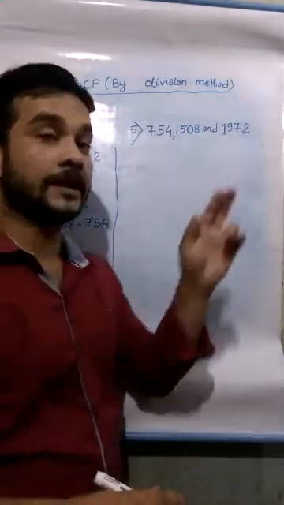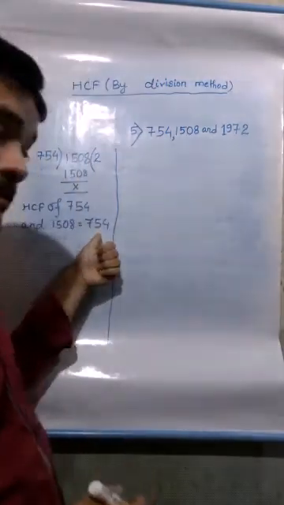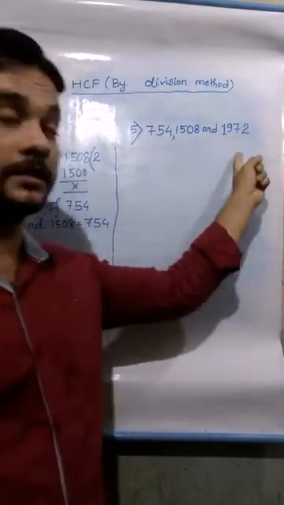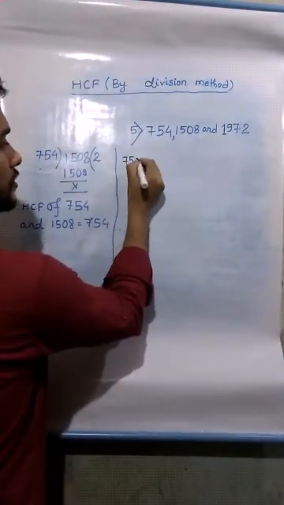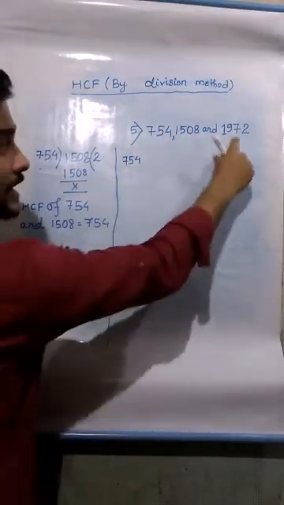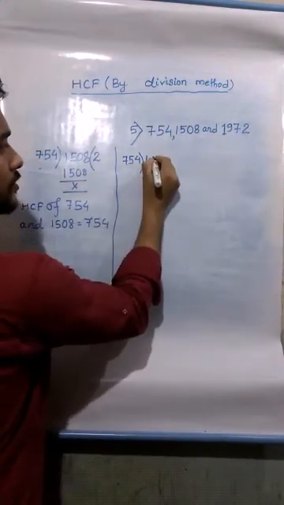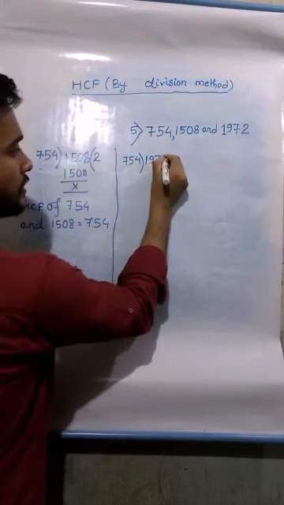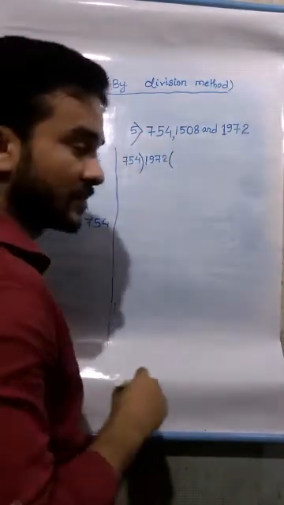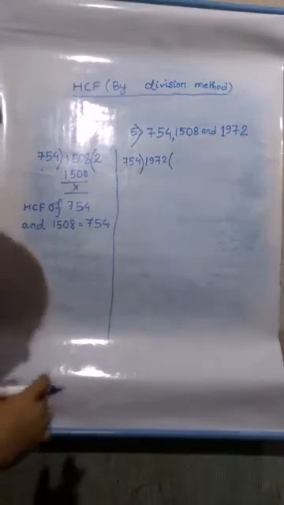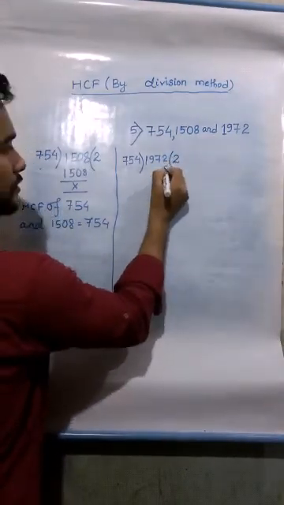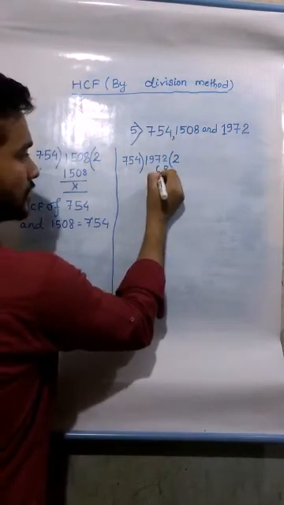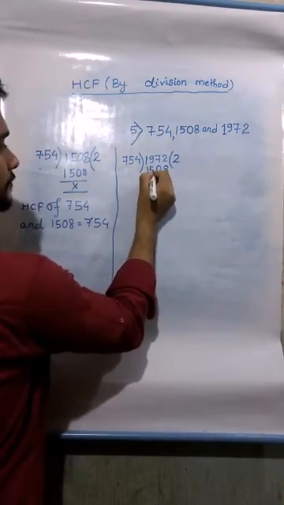Now we will find the HCF of this answer, means the HCF and the remaining number, in the same way, just divide. So 754, this answer, and the remaining number 1972. Now with which number will we divide this? So 754 2s are 4, 2s are 8, 2s are 10 and 1.